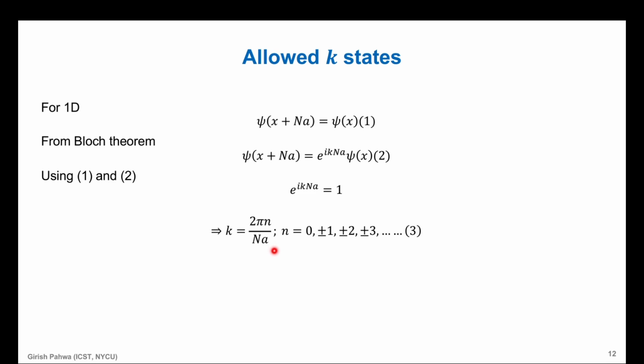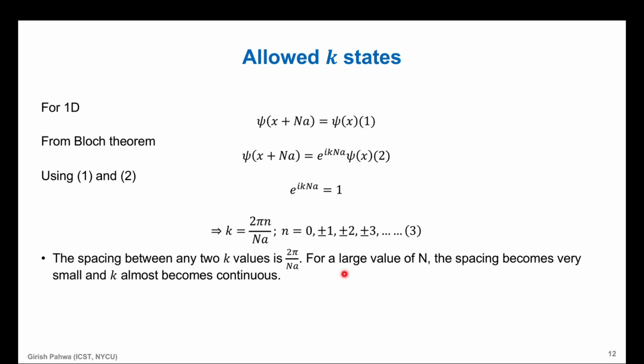So any two k values will have a spacing of 2 pi by Na. And if this N is very large, the spacing can be quite small. So sometimes we consider this k as a continuous number also, because the spacing between adjacent k values is very small. So it's almost continuous then.